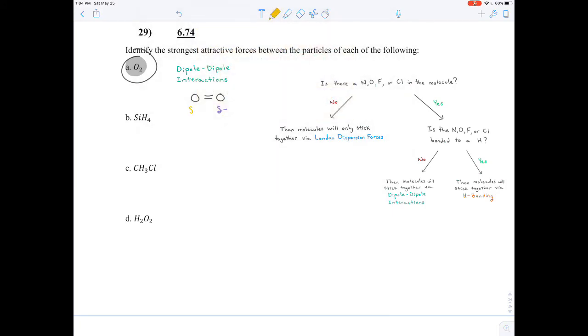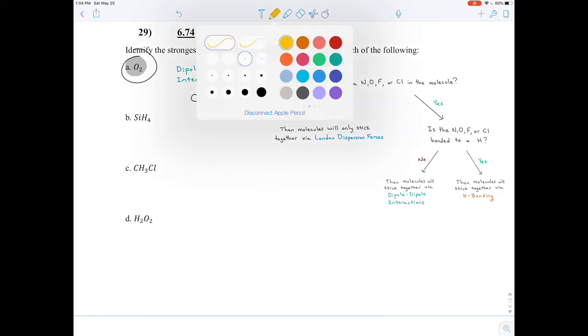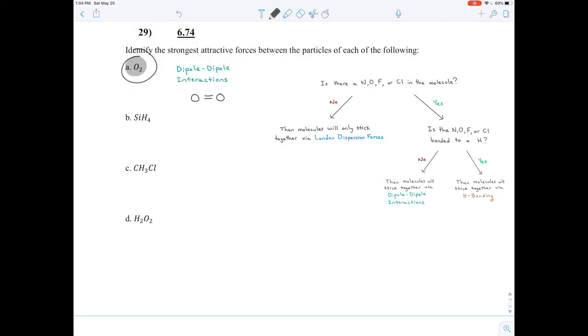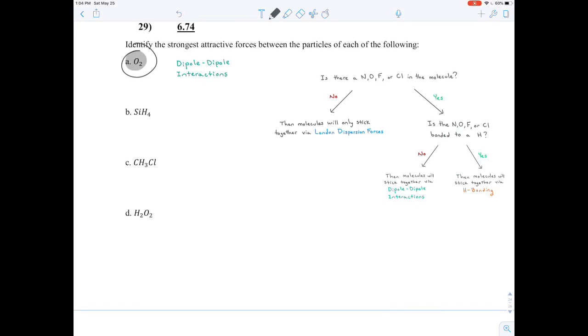There's no reason for one to be negative or one to be positive. They attract electrons equally, so you would not have dipoles in this. And technically, the correct answer for this question would be London dispersion forces. However, to be consistent with the way that you would solve the question on the exam, I'm going to leave dipole-dipole interactions on here. Remember that on my exam, I will only give molecules where this flowchart is valid. I'm pointing out these other exceptions in the homework because you may see them on a Hesse exam.